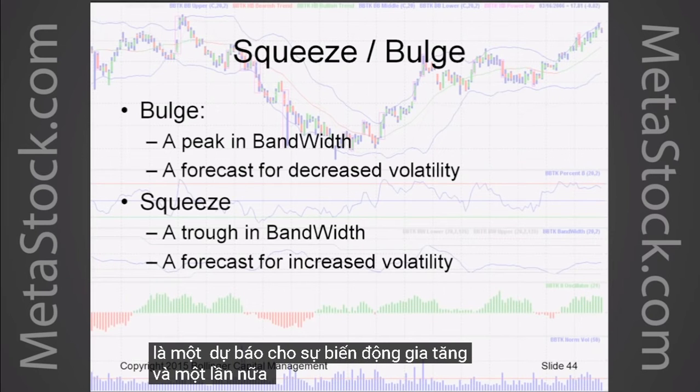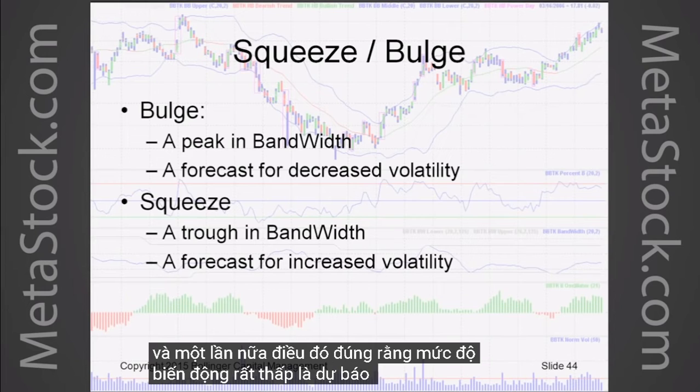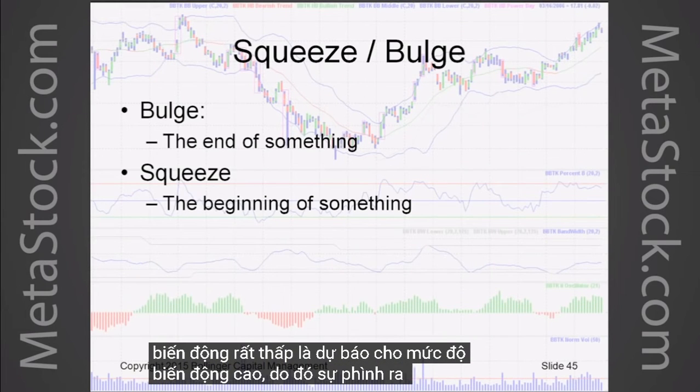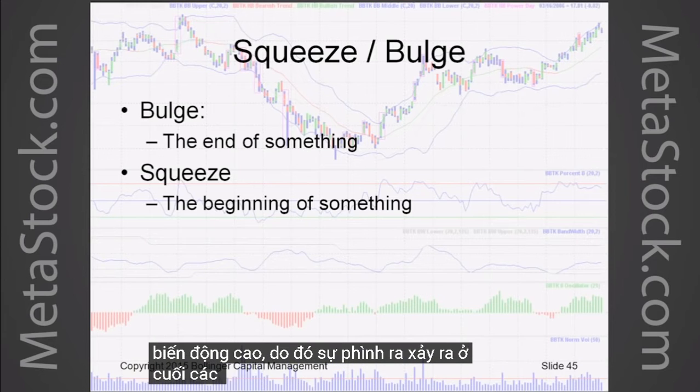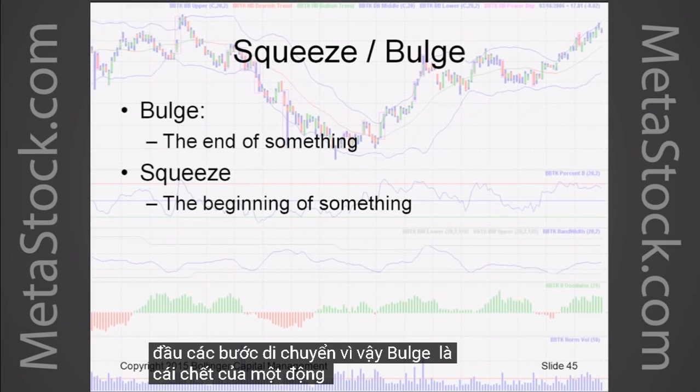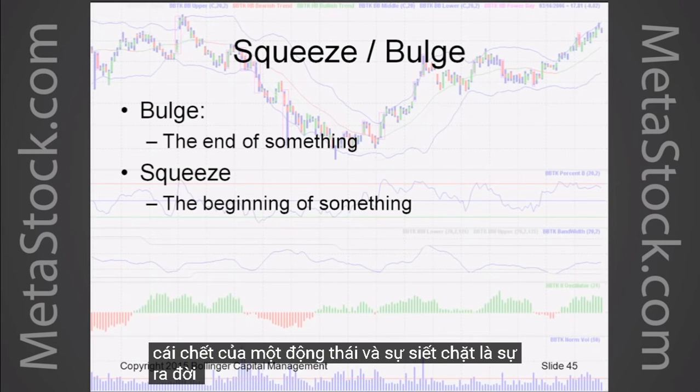And again, that is correct. That very low volatility is a forecast for high volatility. So the bulges occur at the end of moves, and squeezes occur at the beginning of moves. So the bulge is the death of a move, and the squeeze is the birth of a move.